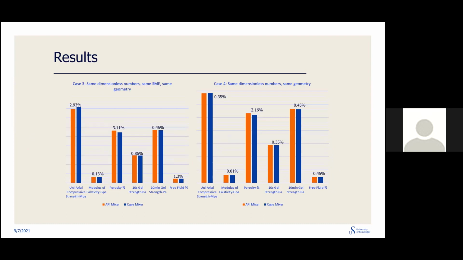But same dimensionless numbers, same geometry, same values. So no matter with which equipment you mix, since you keep these dimensionless numbers and the geometry same, you will get same results for your slurry, either it's cage mixer or API mixer.